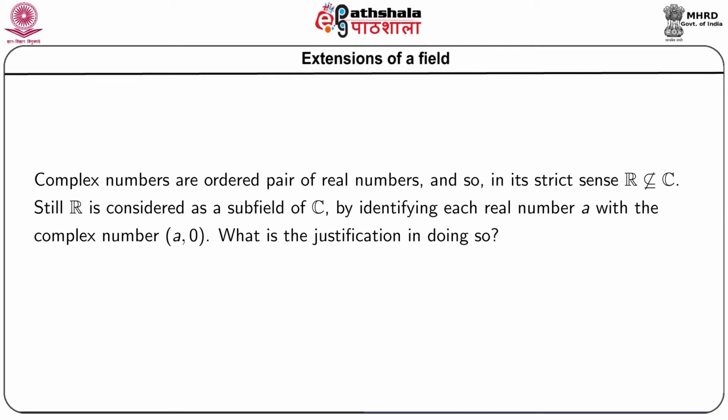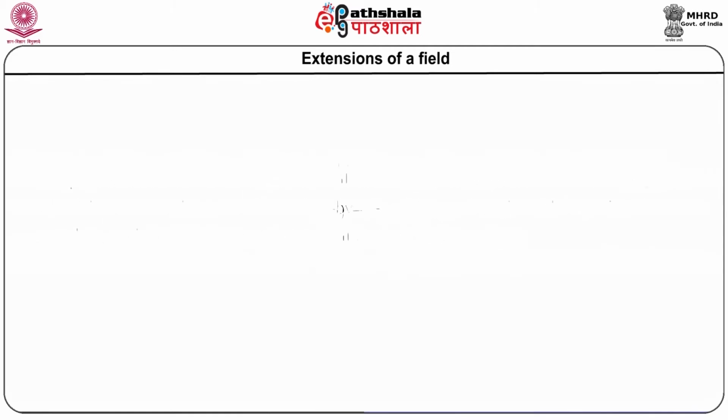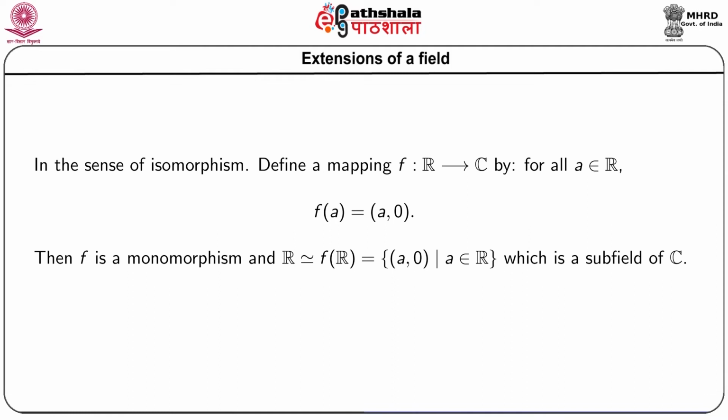What is the justification in doing so? Actually, this is done in the sense of isomorphism. That means the mapping f from R to C defined by f(a) equal to the ordered pair (a, 0) is a monomorphism.